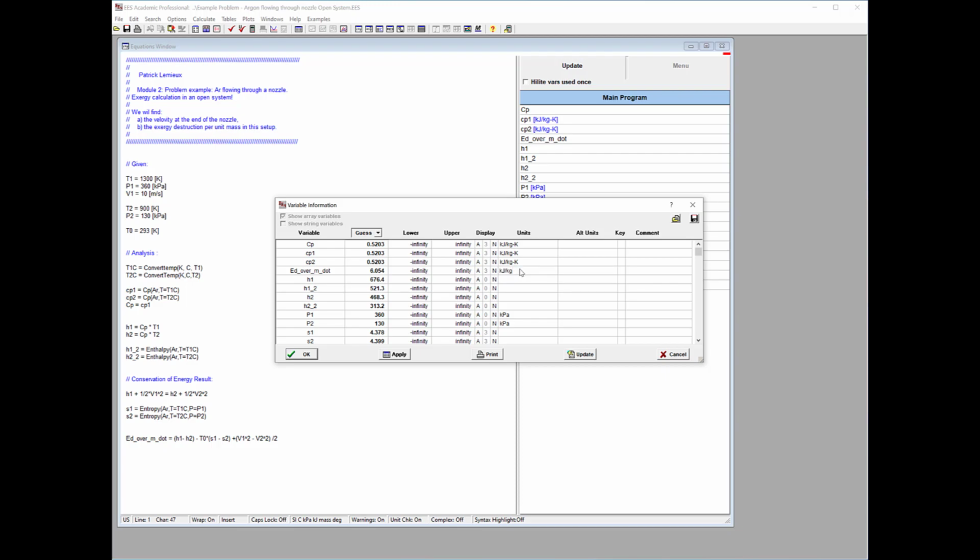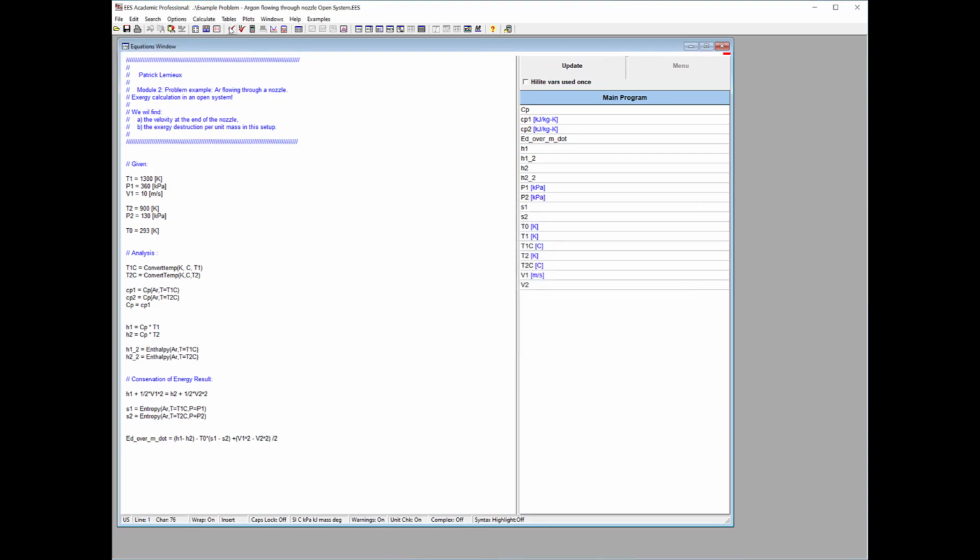So I'm going to get rid of that K. Similarly, for the enthalpies, they're all going to be the same. So I'm just going to copy that in there. Add on. My pressure is in kPa. Good. My entropy is in kilojoules per kg Kelvin. So let's put that in there. And my speed should be in meters per second.